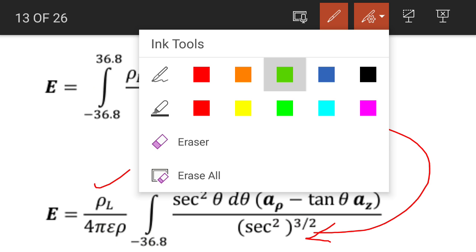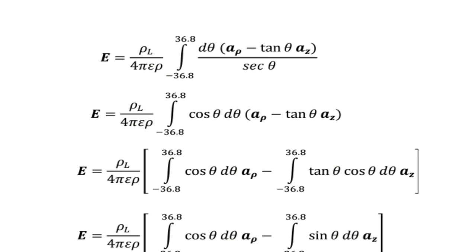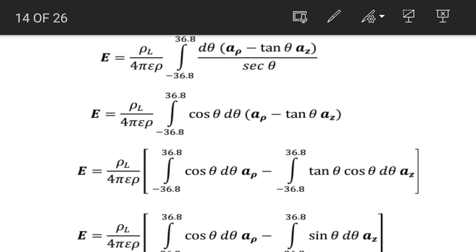Let us simplify this particular equation. If we simplify this particular equation, we obtain this particular equation. We have rho L divided by 4 pi epsilon rho. Then we have the integration from minus 36.8 to 36.8, and in the numerator we have d theta into arrow minus tangent theta az, and in the denominator we have secant theta, and we know that 1 over secant theta is basically equal to cos theta.